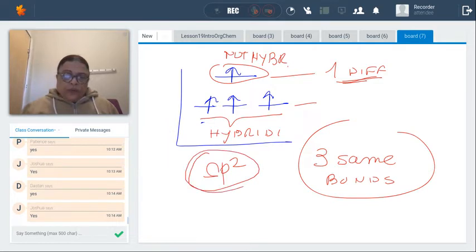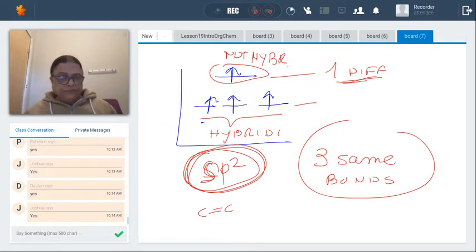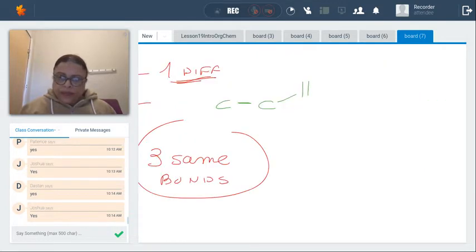So we know that sp2 is when I have a double bond. Okay, so what is going on? Let's look at how a double bond is made. Carbon, carbon, hydrogen, hydrogen, hydrogen, hydrogen.